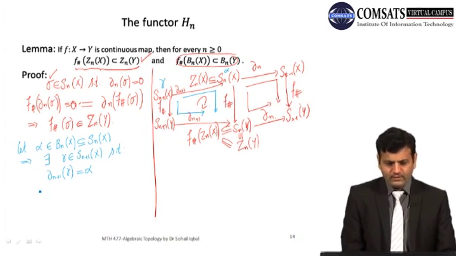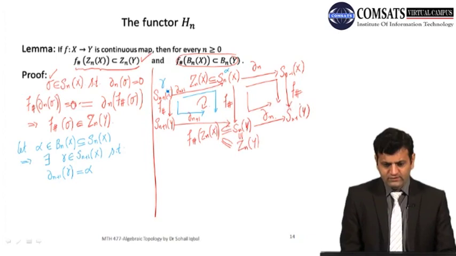So instead of following this route, let's follow the other route. When I apply f hash on this first, then f hash of gamma is an element of Sn plus 1 of y.